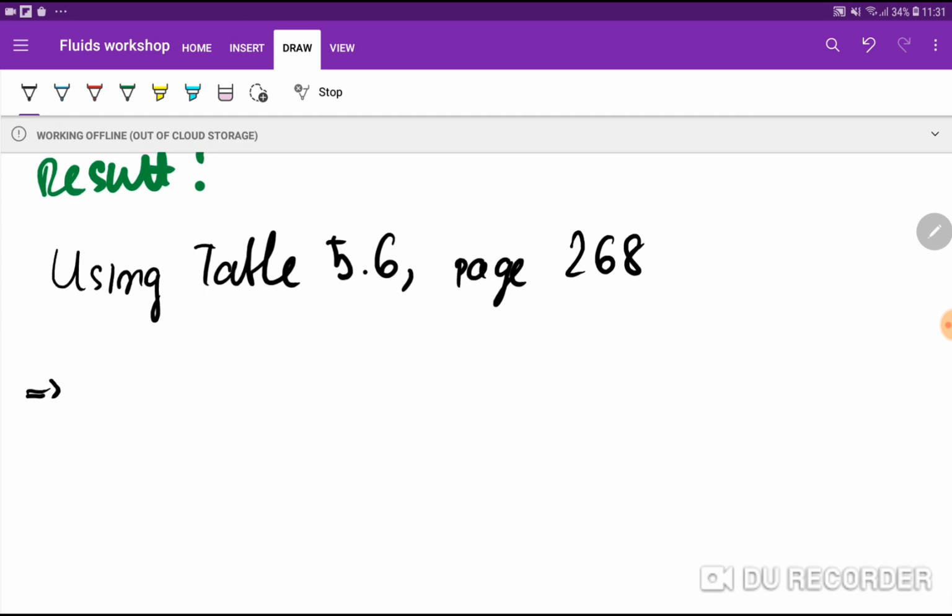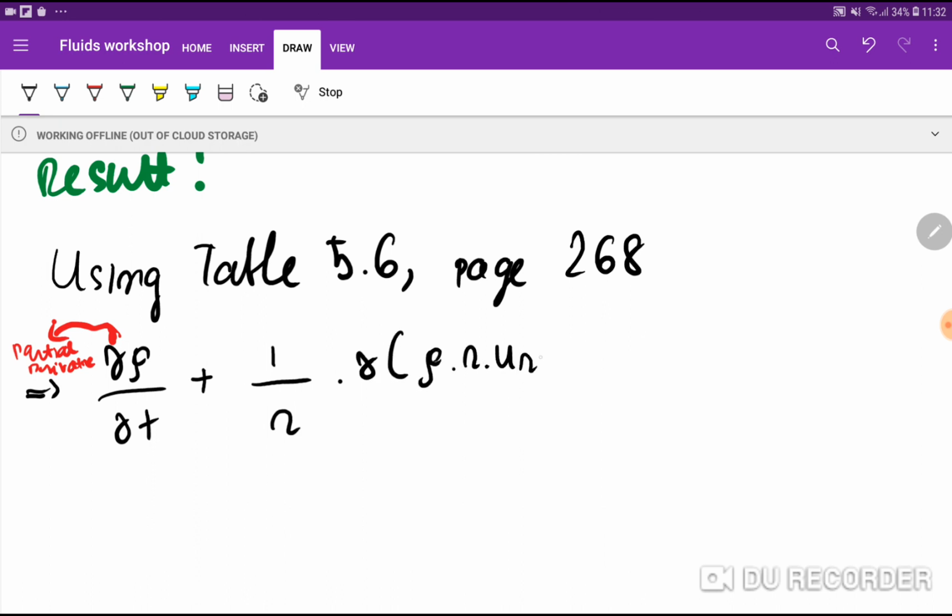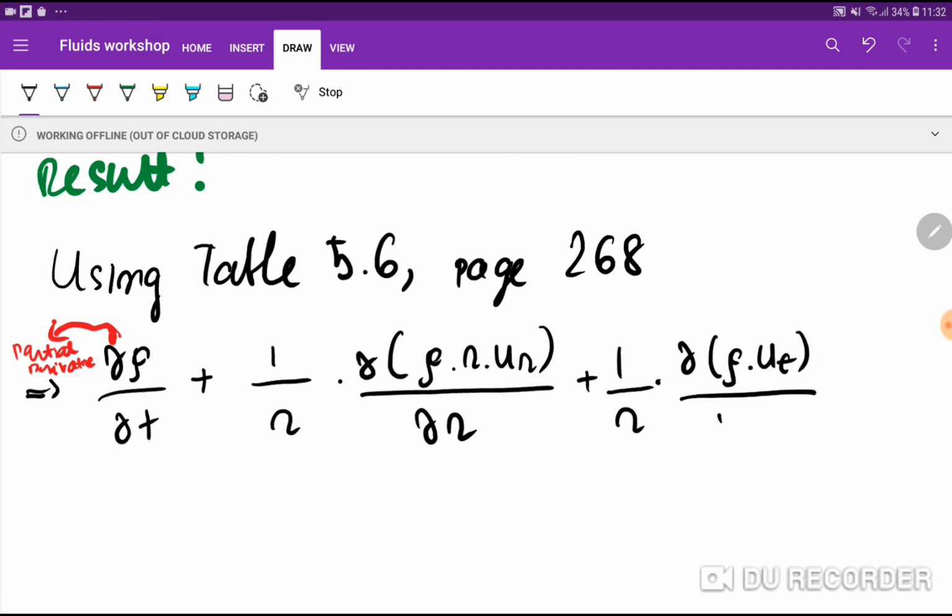It says the partial of density over partial time, this term right here, plus 1 over r times the partial of rho times r times u_r over partial r, plus 1 over r times the partial of rho times u_theta over partial theta, plus the partial of rho times u_z over partial z equals 0.